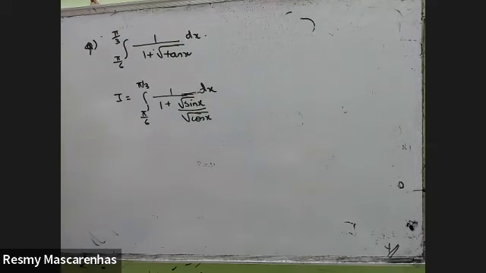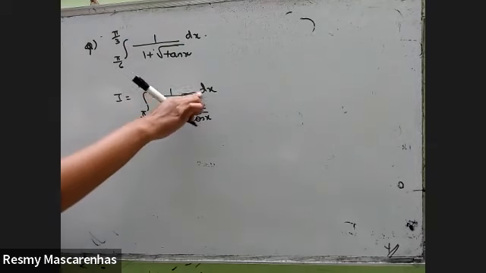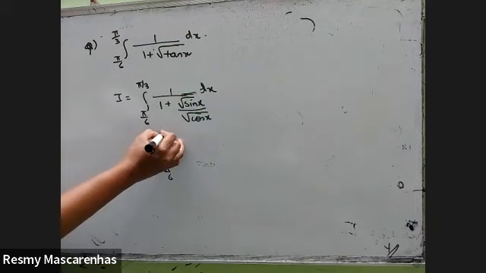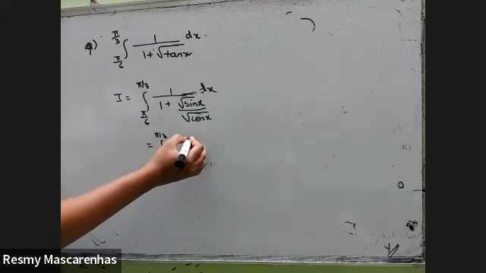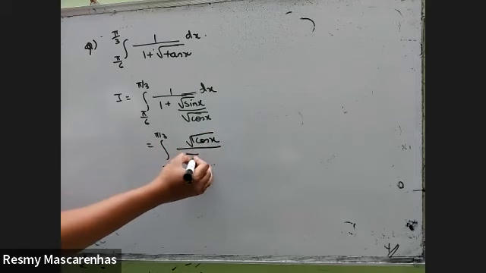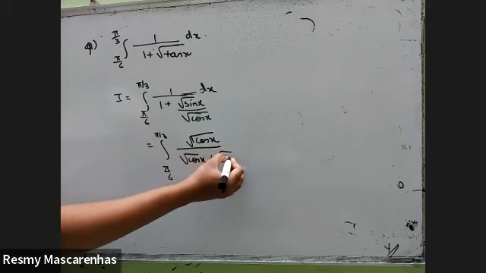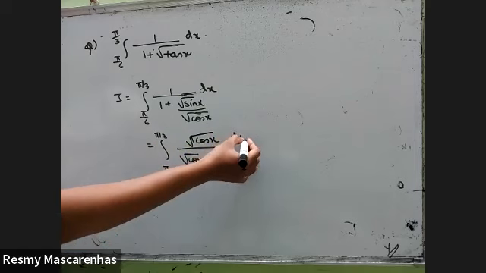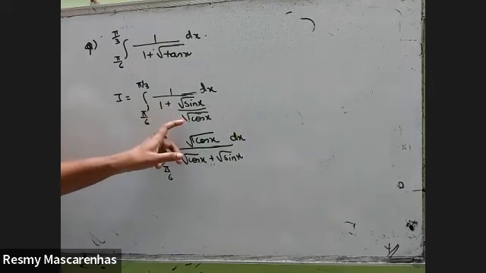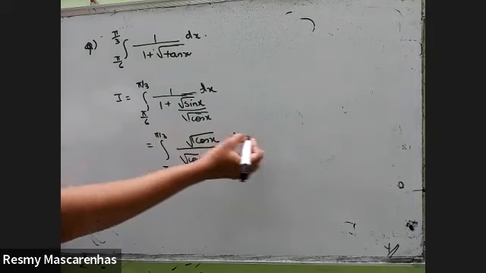Then cross multiply. So you'll get this root cos x upon, cross multiply, and then this will go on top. Mark this as equation 1.